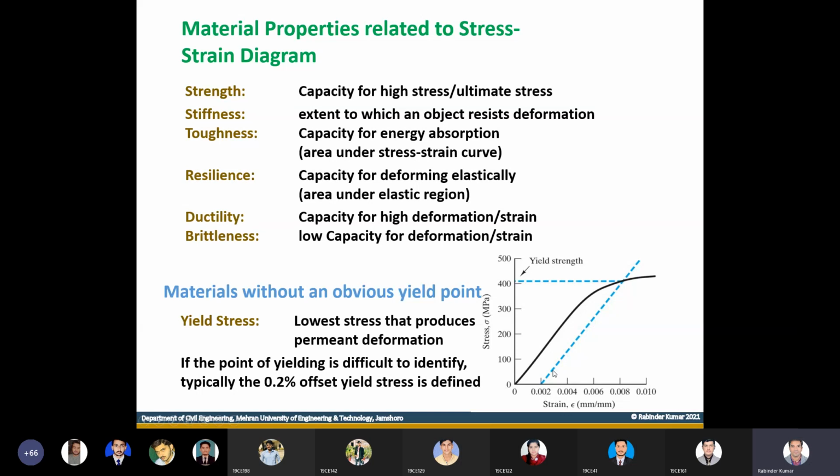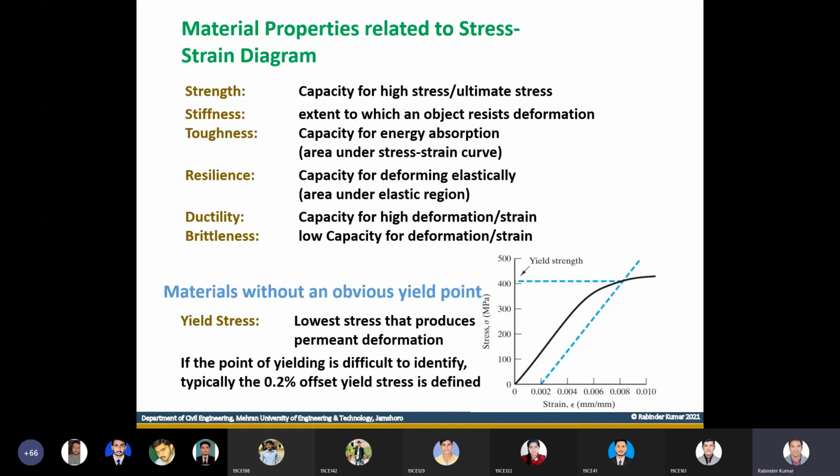The point where this line intersects the curve is called the yield point, and the corresponding strength is known as the yield strength. This method is adopted for those materials in which the yield point is not obvious. Got it or not?